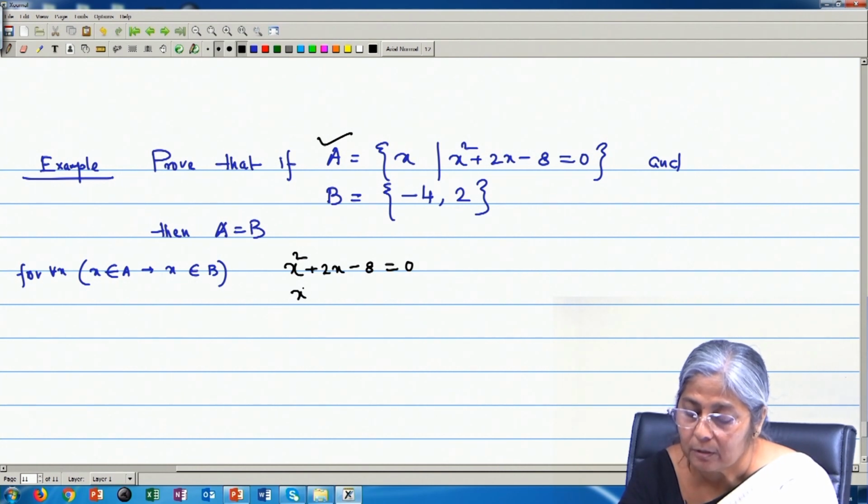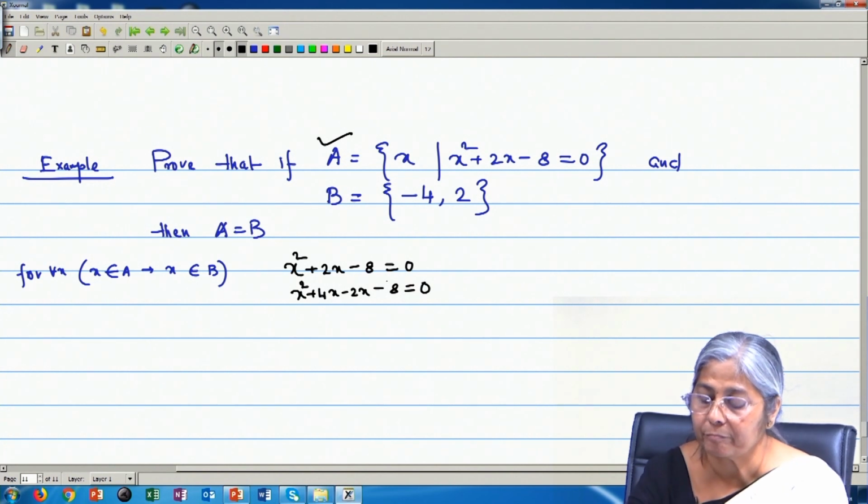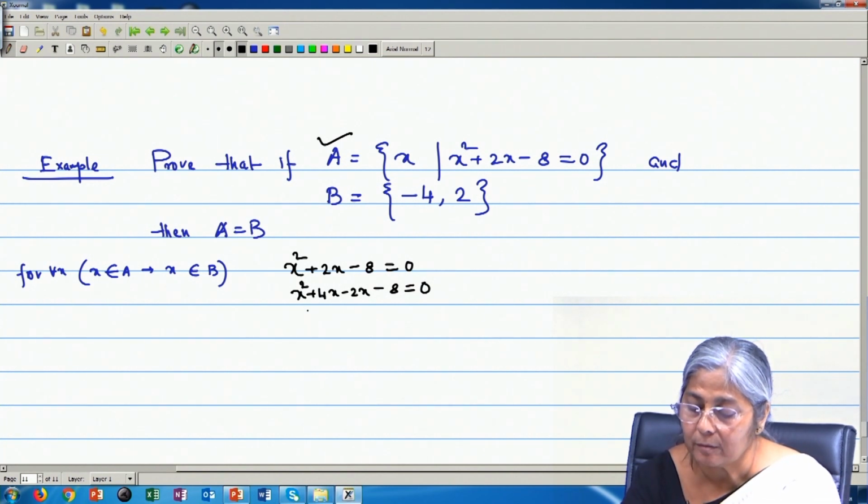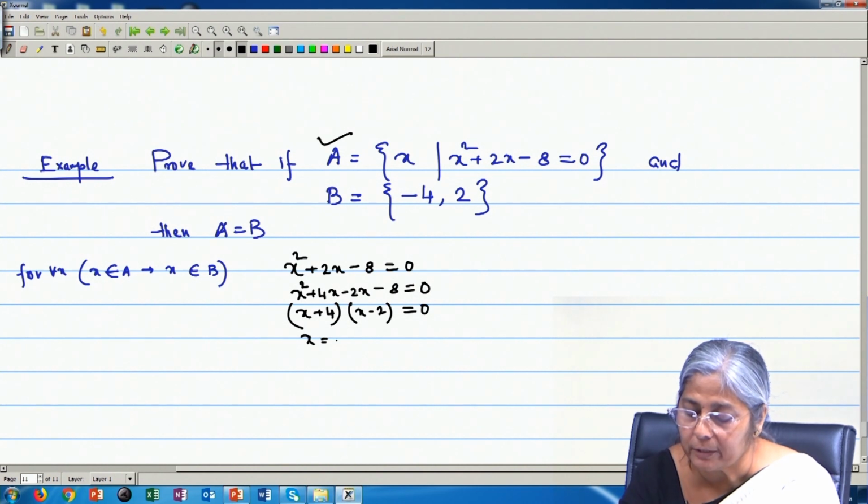If I solve x square plus 4x minus 2x minus 8, this is x plus 4 into x minus 2 equals 0. So, x equals minus 4 or x equals 2.